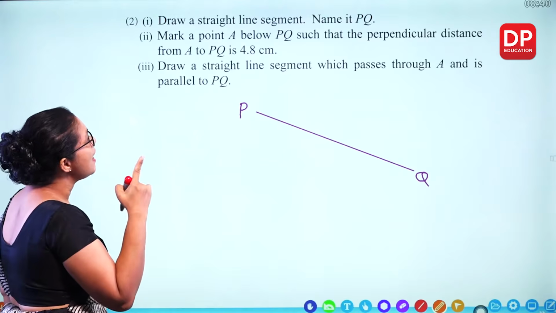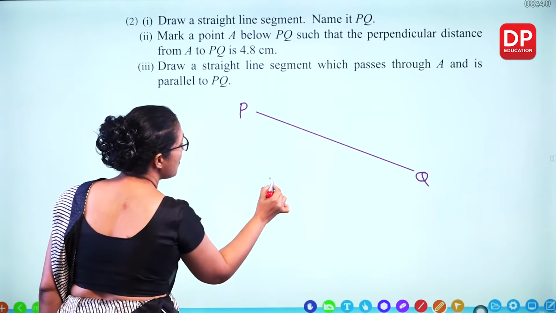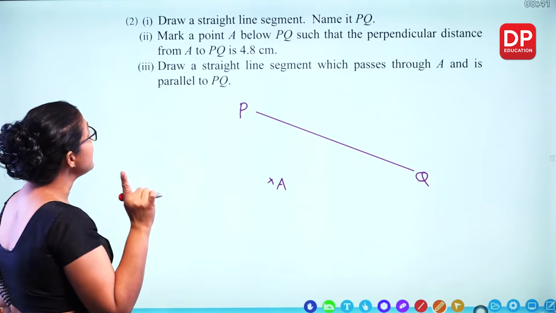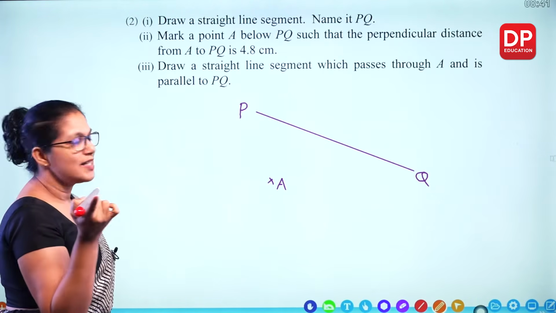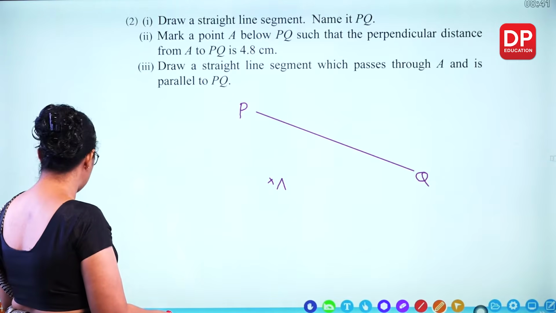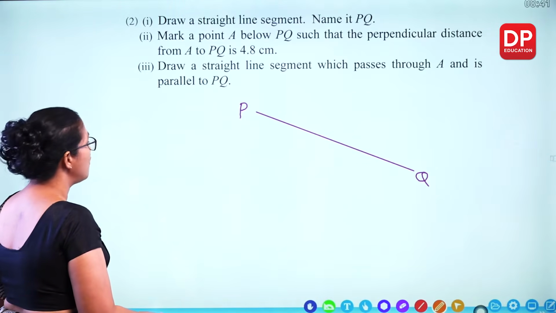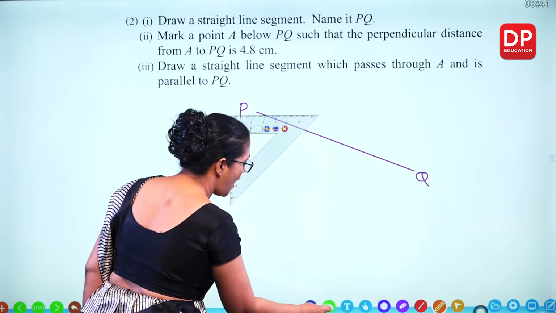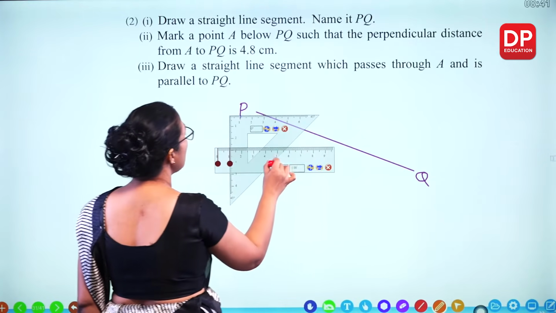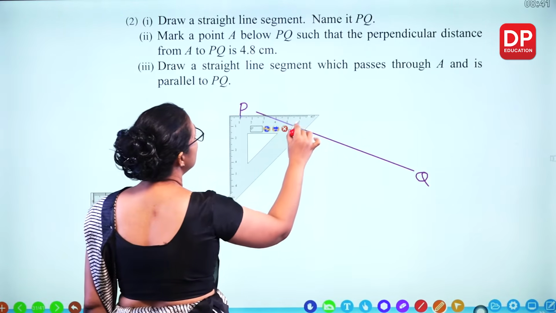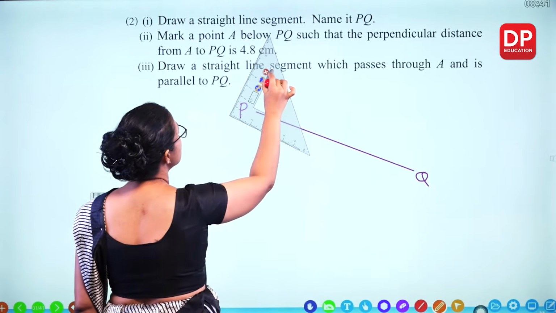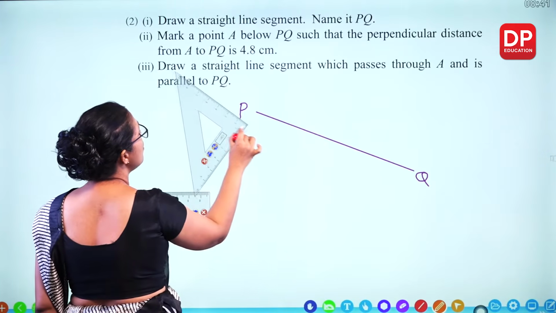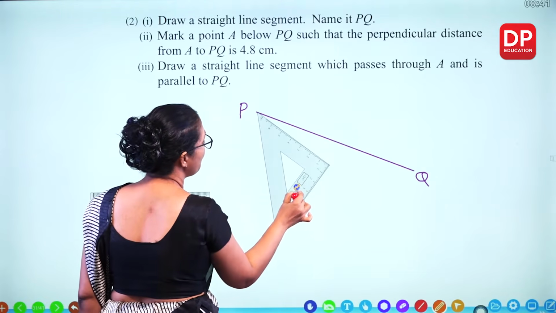Mark a point A below PQ. So I'll mark somewhere here A. And it says 4.8. So you can't mark at any point. So you have to measure it. 4.8 centimeters away. So take the set square and the ruler and we need to measure the distance. So I'll take it other way around, because I need to mark the point below.